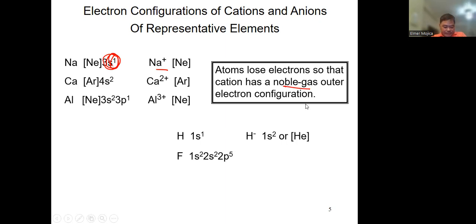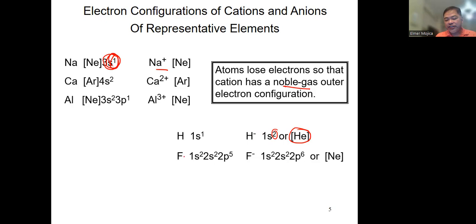Now, on the other hand, if you become negatively charged, it means you're adding a negative electron. Your hydrogen, when it becomes H minus, means an electron is added, and its electron configuration is similar to the duet, the one that contains 2 electrons.